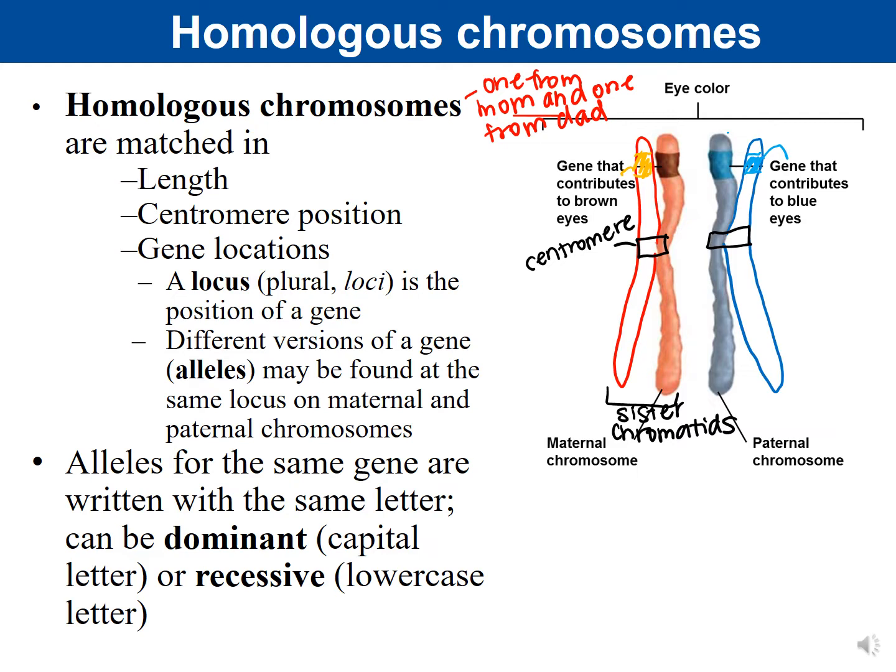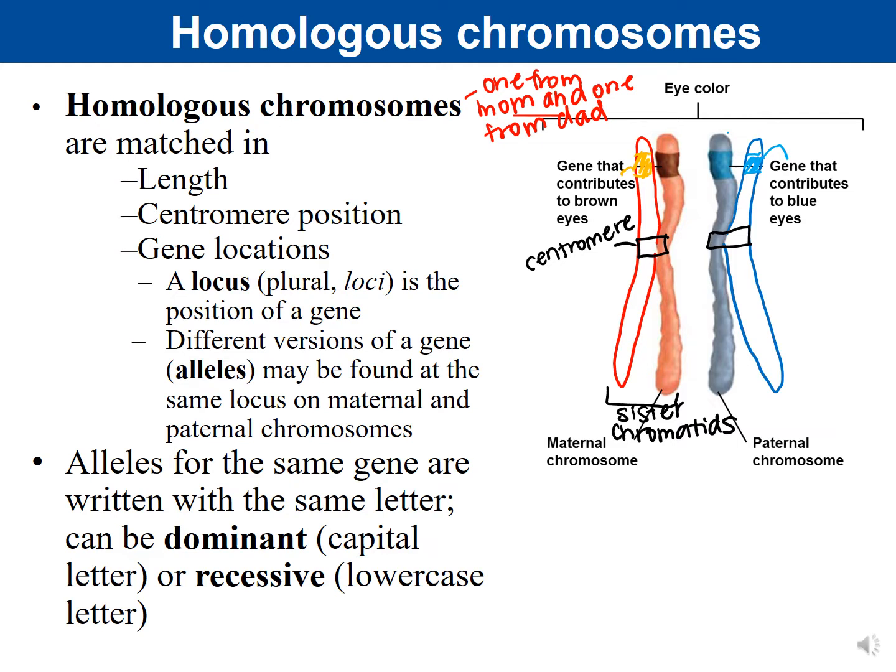So it's not like you're going to find one at the top and one in the middle. On the homologous pair, those genes are going to be at the same position. They are not necessarily identical, though. They can be, what we call, alleles, alternate versions of a gene.